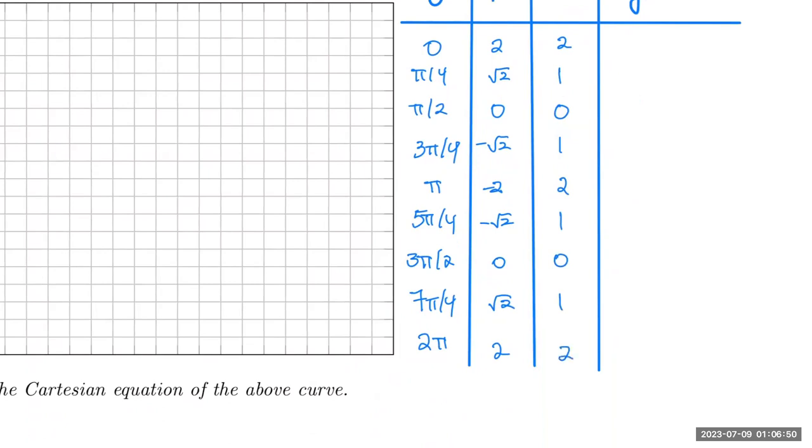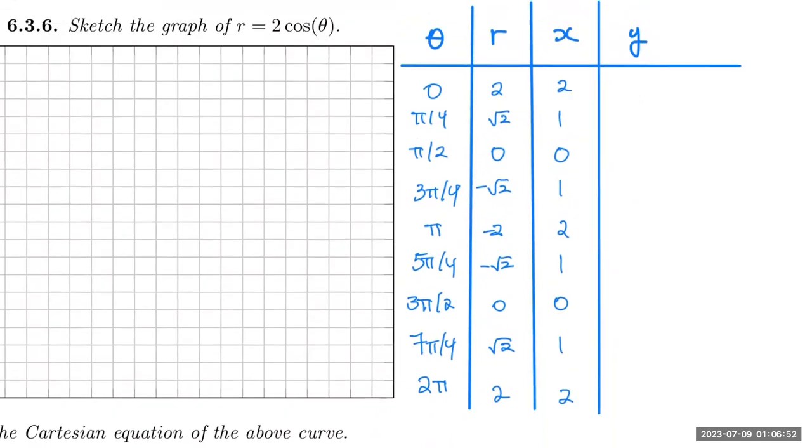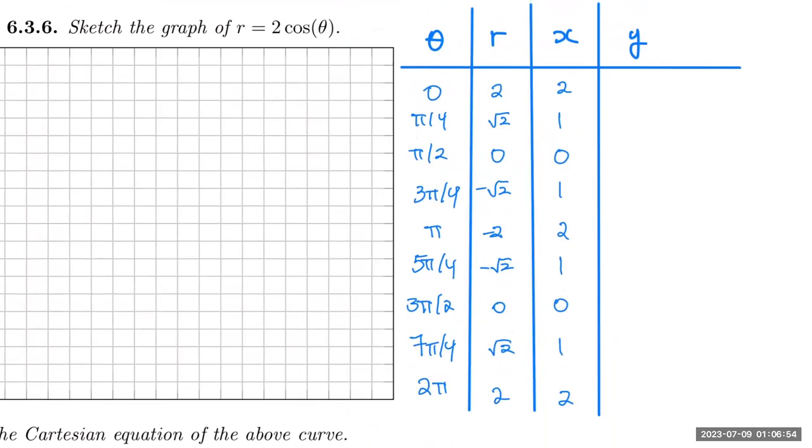So that's the x coordinate that we should get. As for the y coordinate, we should get 0, 1, 0, negative 1, 0, 1, 0, negative 1, 0. So that is the y coordinate that we should get.